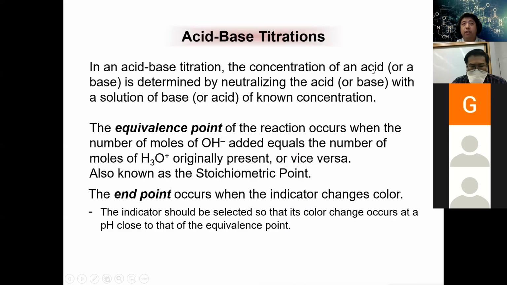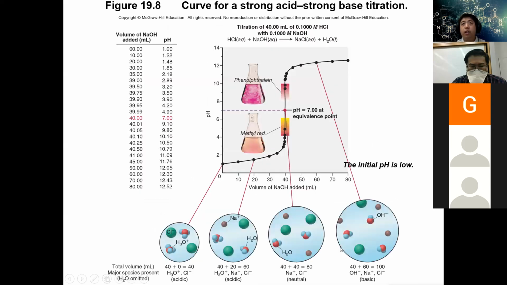So I'm going to give you a couple of examples here. If we look carefully here, this happens to be exactly at 7, right? This is an equivalence point because we're looking at strong acids, strong bases. What do I know about strong acids and strong bases? What do they tend to do? Dissociate. Fully dissociate, okay? So I'm going to get a bunch of H+ and I'm going to get a bunch of OH- out of that, right?